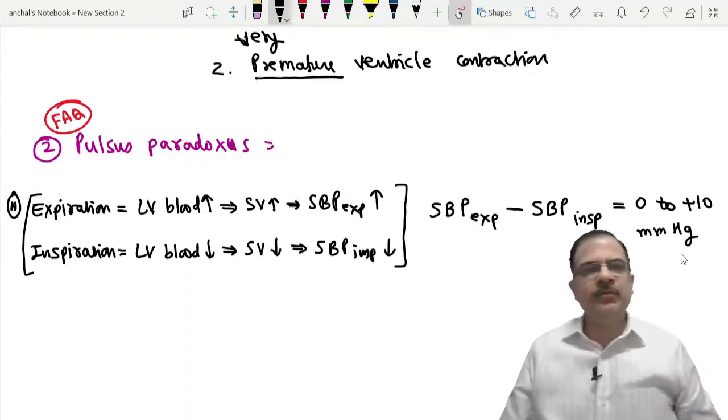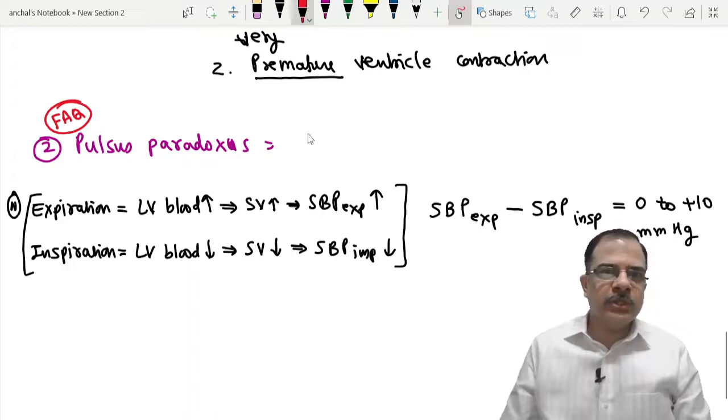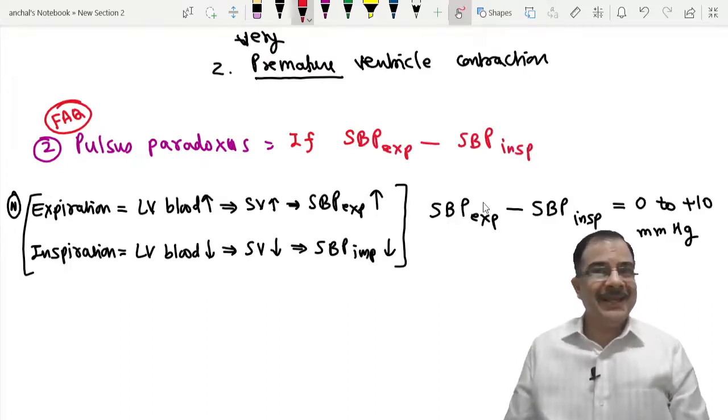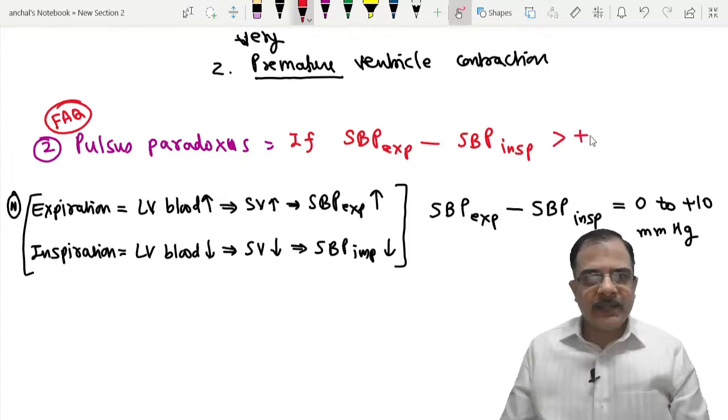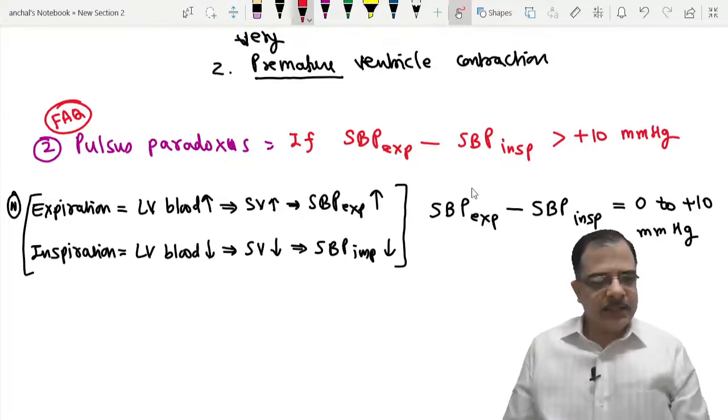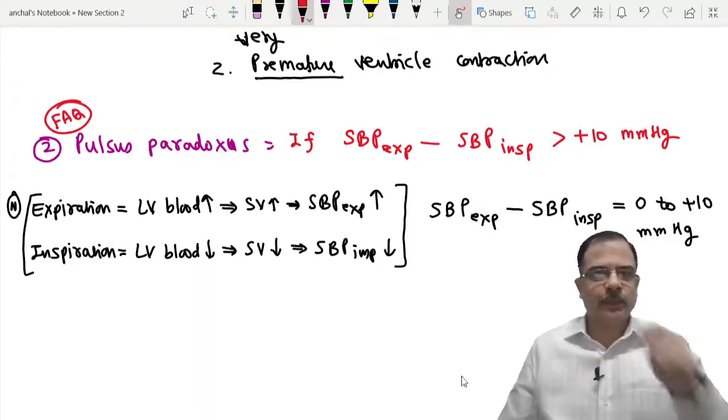So what is the meaning of pulsus paradoxus? Pulsus paradoxus means if systolic BP during expiration minus systolic BP during inspiration is more than plus 10, this is the meaning of a pulsus paradoxus.